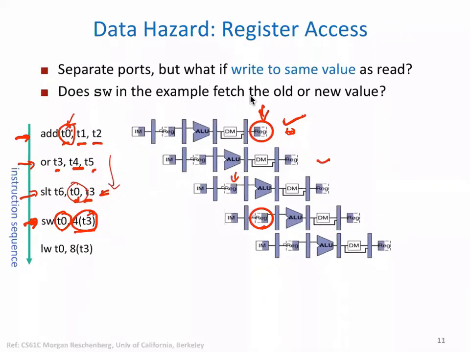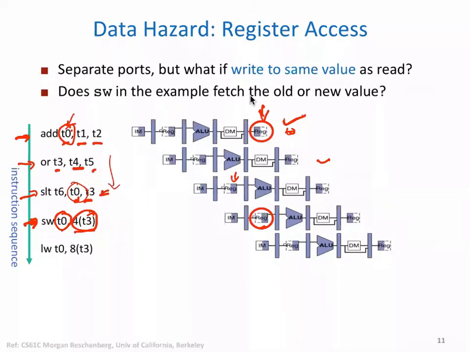And in the second part here, we can read this value. So T0 is already updated and we can do the reading now. So this is okay. So it means that if reading and writing are happening onto the same register, then we can manage in this way.